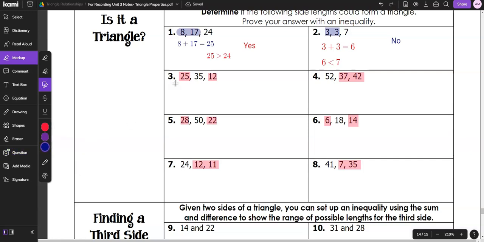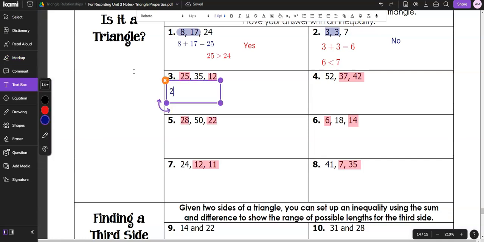So for number 3, I have highlighted 25 and 12, number 4, 37 and 42, number 5, 28 and 22, number 6, 6 and 14, number 7, 12 and 11, and number 8, 7 and 35. So now I'm going to work through and see which of these sets of sides, if any, can be triangles.